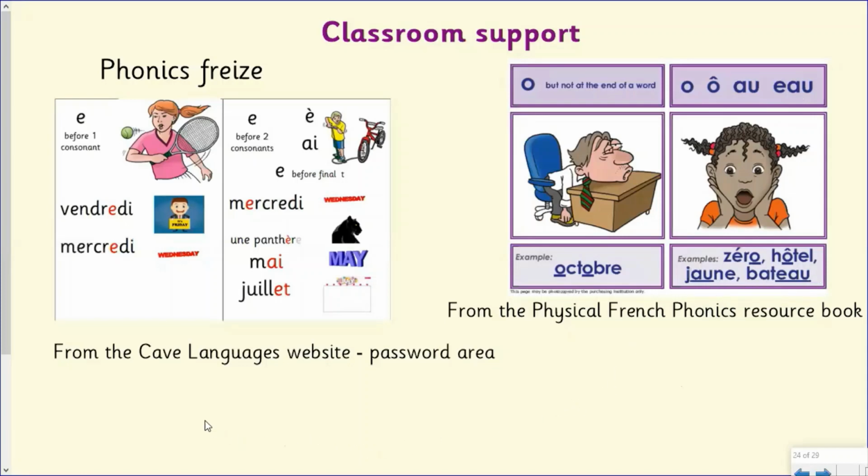I've also produced a much simpler form of the phonics frieze using the key vocabulary from those numbers, colours, etc. So this is the sort of thing that you could put on the wall once your learners are familiar with all the phonemes, or add them one by one as they encounter them.